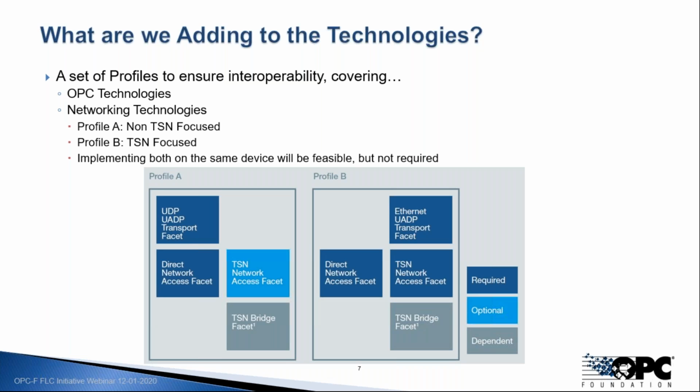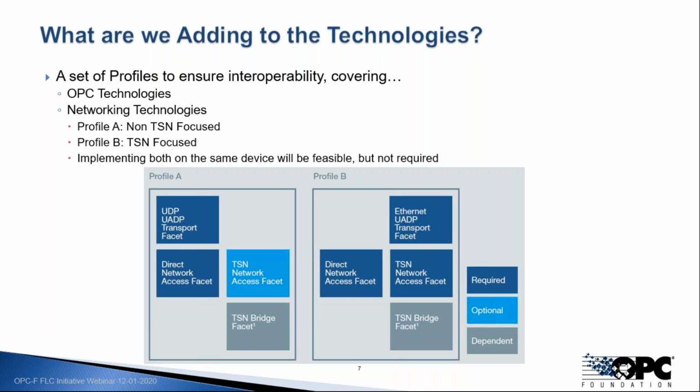A vendor may choose to implement just Profile B if the opposite is the case, if they're interested in focusing on applications where TSN technologies will provide a real differentiator and they don't see the need to take on the cost of implementing Profile A and going through all the testing necessary for Profile A. So again, implementing both will be feasible for the most interoperability, but it will be possible for devices to be created that only support one profile or the other.